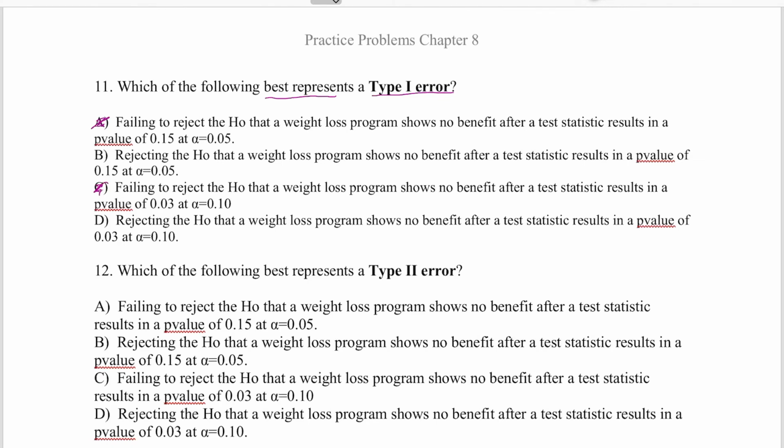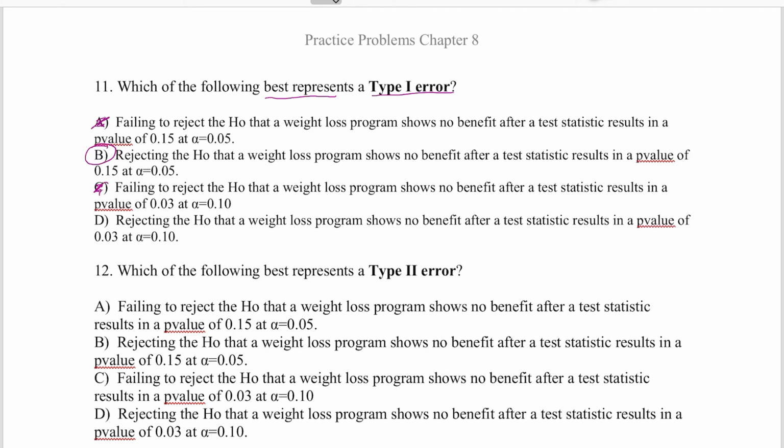With a p-value of 0.15 and alpha 0.10 we should fail to reject, but if we actually did reject, that would be a type 1 error. Because our p-value is not less than alpha, we should have failed to reject, but since we did reject, that best represents a type 1 error.